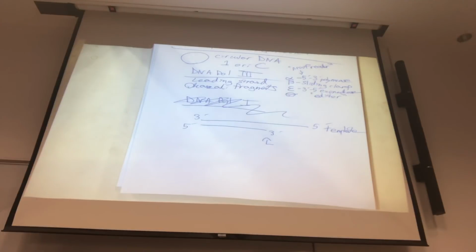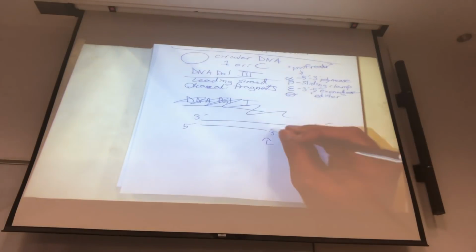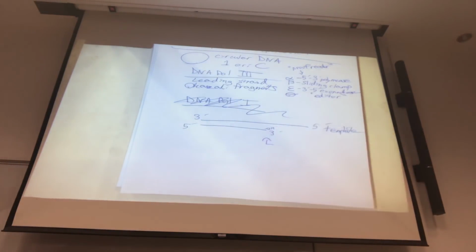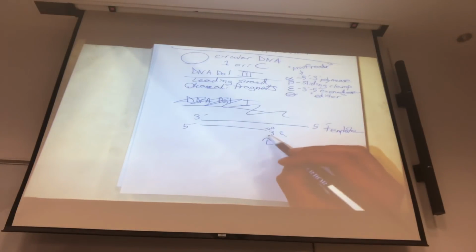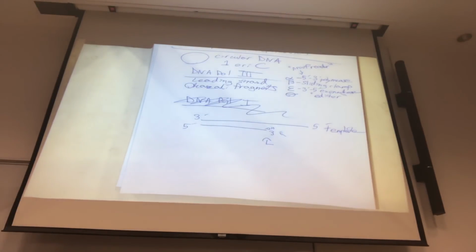You remove the most recent nucleotide that was added, the wrong nucleotide, using this activity, and you leave behind a 3' OH because you just removed the nucleotide from there. You are now able to add the correct nucleotide to this position. So it's going to try again and add another nucleotide to this spot here. We know it's a 3' OH.